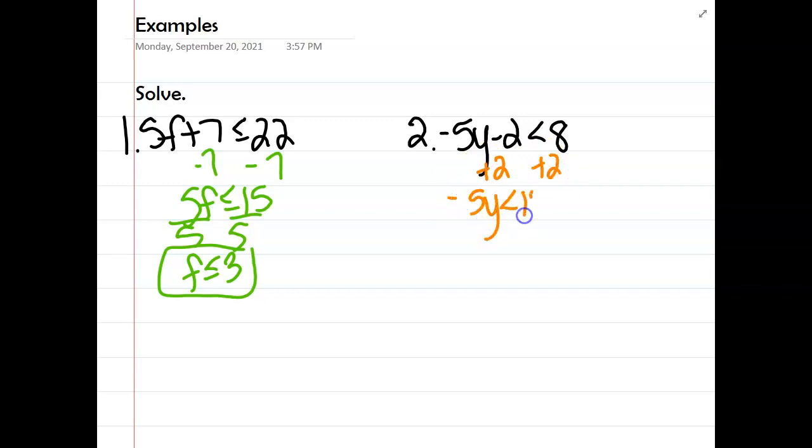Negative 5y is less than 10. Now to get rid of the negative 5, I'd have to divide both sides by a negative 5. Which means, yeah, I gotta flip the sign. Remember that from yesterday? So it's gonna be a greater than. So y is greater than negative 2.